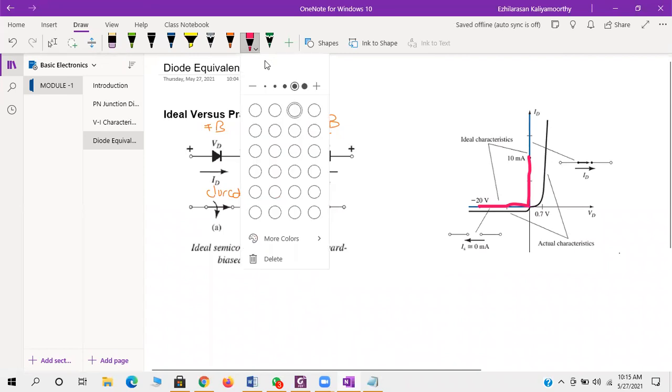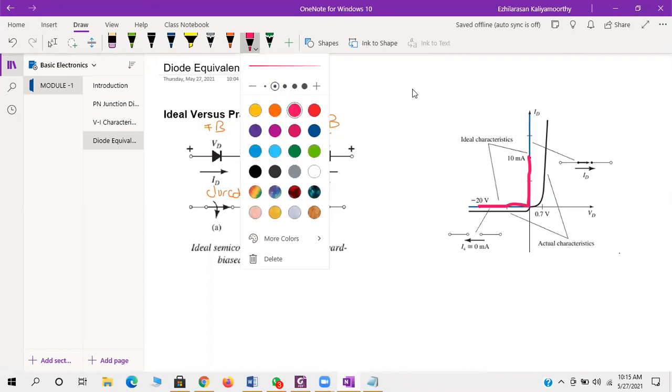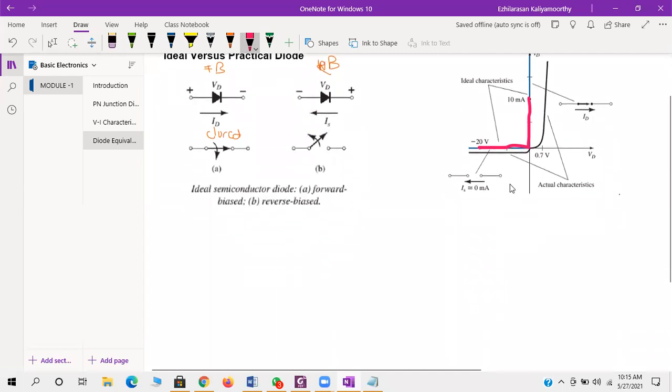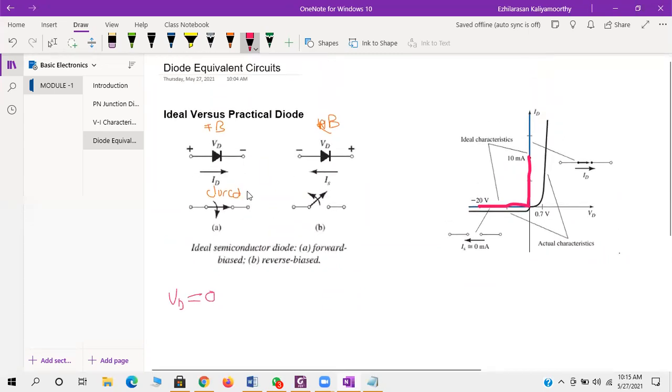The reason is, for the ideal characteristics, when Vd is equal to 0, we need to say what the current is. Forward bias means Vd is greater than 0.